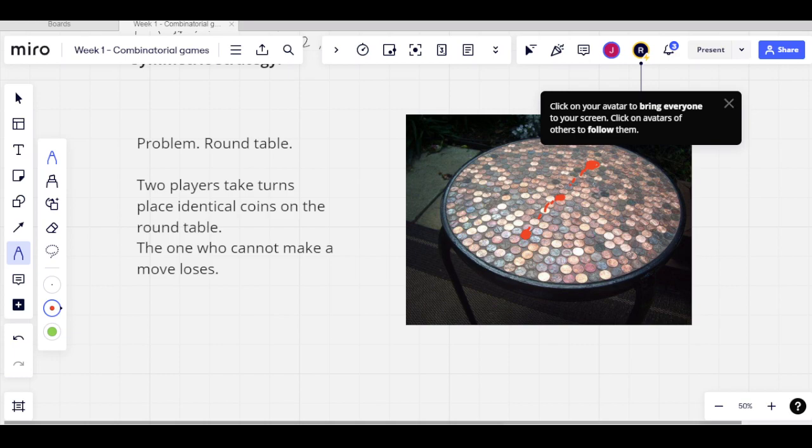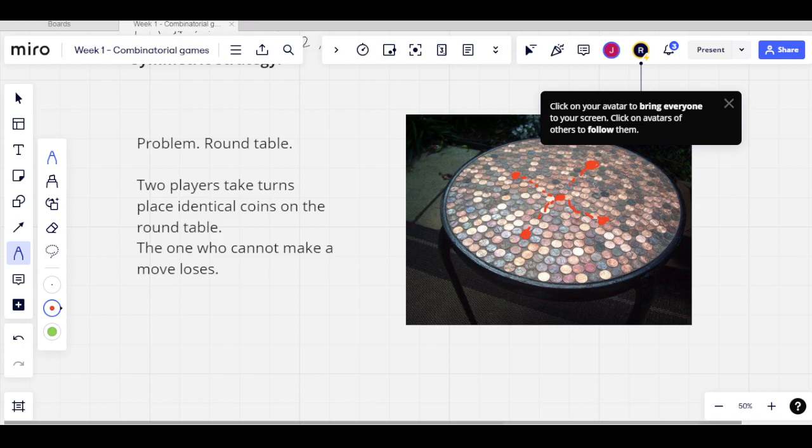The last step will look like this: we fill our table with coins, the second player puts some coin, and we reflect their coin, and we win.